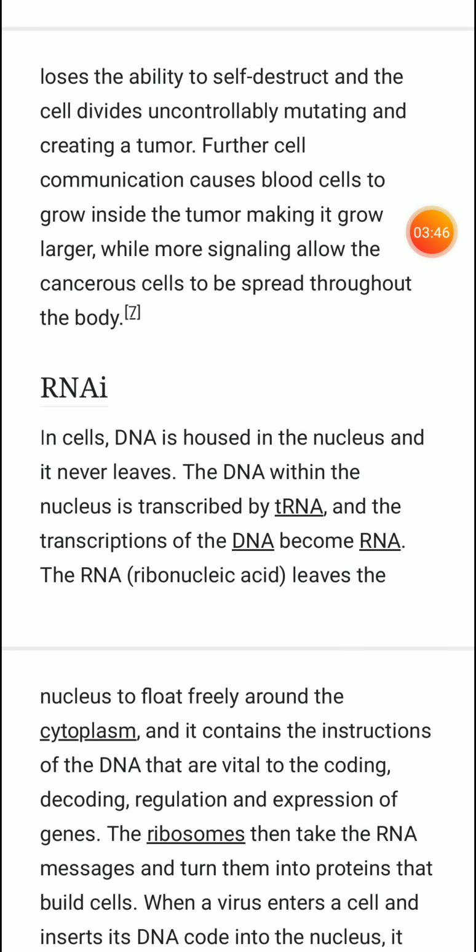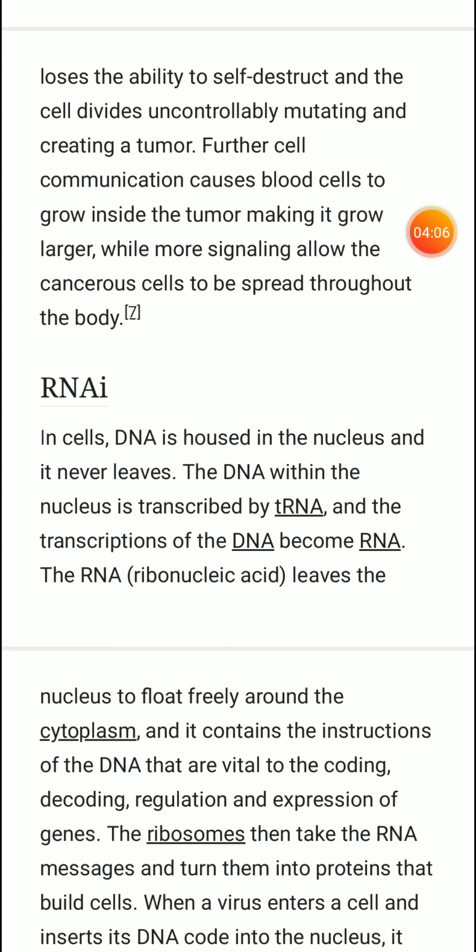RNAi, that is RNA interference. In cells, the DNA is housed in the nucleus. The DNA within the nucleus is transcribed, okay, into RNA.